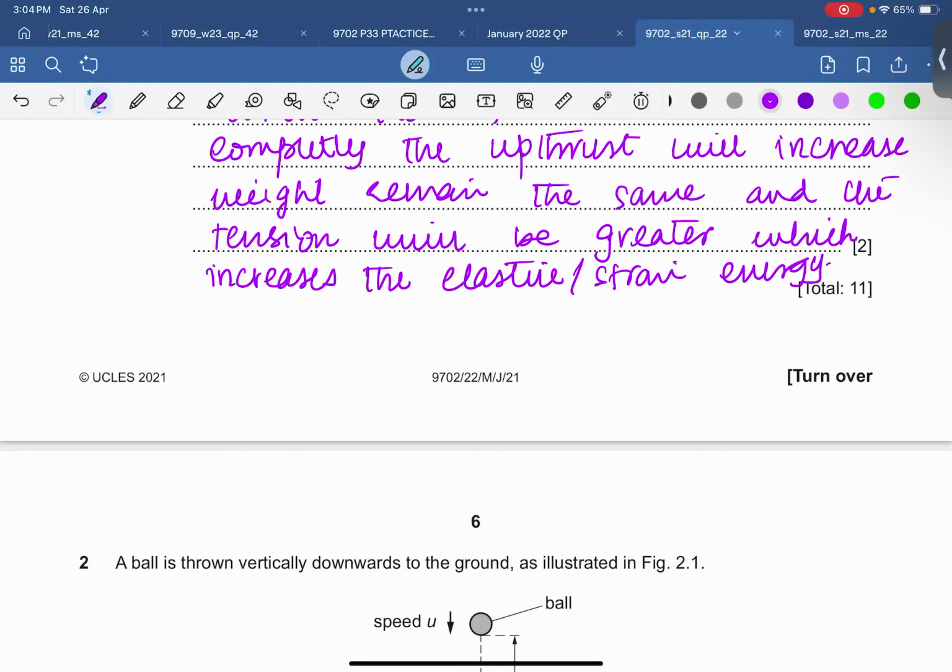Is that clear? जी सर, क्लियर। Okay, perfect.